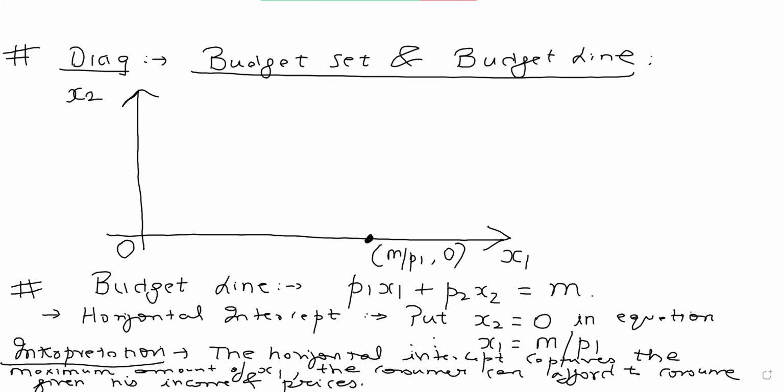The horizontal intercept, which students can see in the diagram, HI. The short form I use for horizontal intercept is HI. It is going to capture the maximum amount of good one the consumer can afford to consume given his or her income and prices of both the goods. Now, how do we find the vertical intercept? Let me erase this part off.